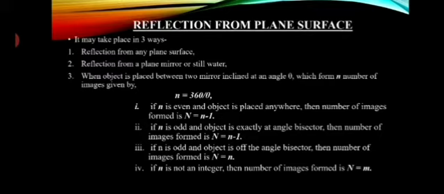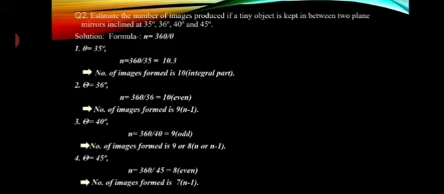But if n is odd and the object's position is not specified, that is, the object may be anywhere in between the two mirrors, then the number of images formed will be equal to the small n which is obtained. So here we get n as even, so the number of images will be n minus 1, that is 10 minus 1, which is 9.